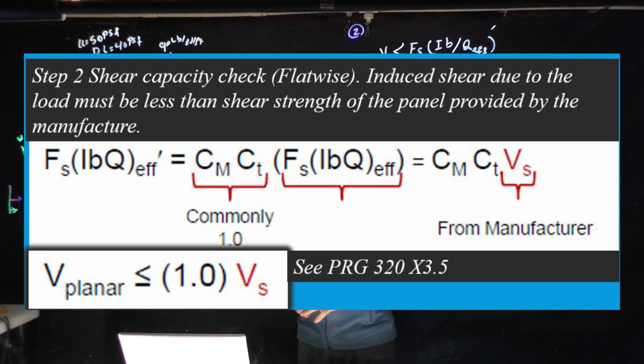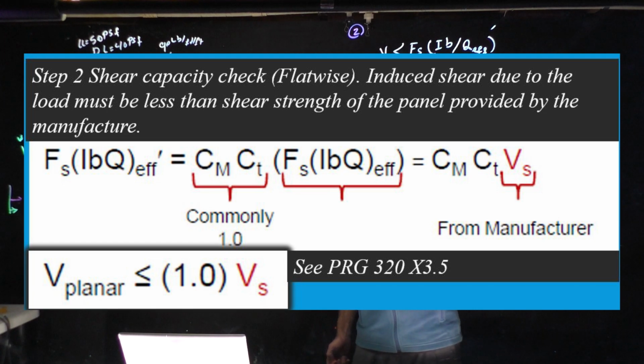Let me put this on a board. V has to be less than or equal to CM, CT, and then FS IBQ divided by IBQ effective. This is all commonly 1, and it is given by the manufacturer. So basically we can say that's almost equal to 1 times VS, which is given.